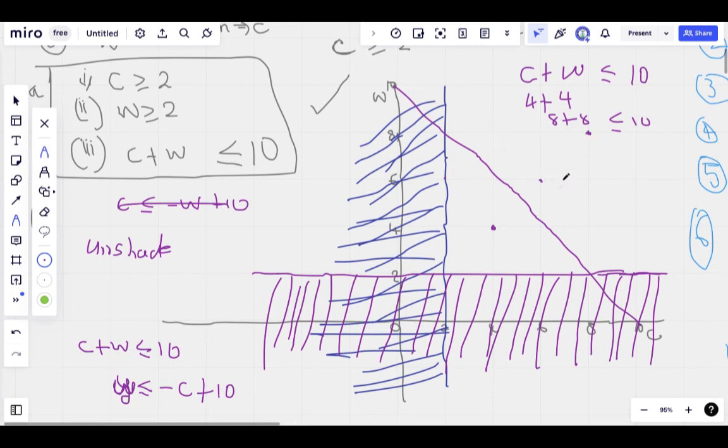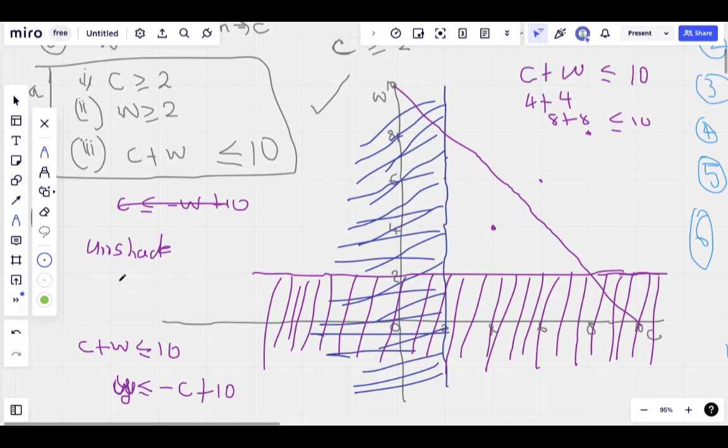To know the correct region, you have to see that the value, whatever C and W is, must be less than 10. So here C is 6, and W is 6. 6 plus 6 is 12, which is not less than 10. So this region is the wrong region. This side is the correct region. Do you get that? Once you get the correct region, it says leave unshaded the correct region.